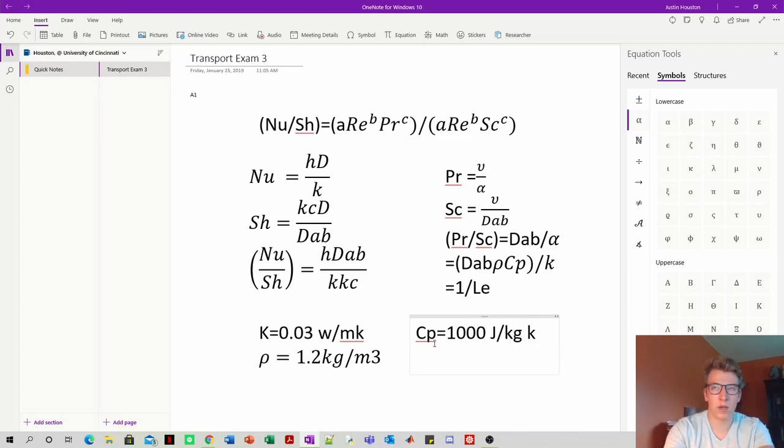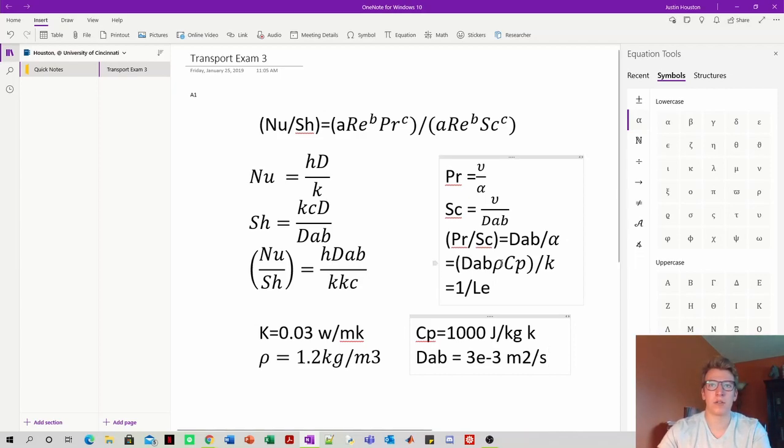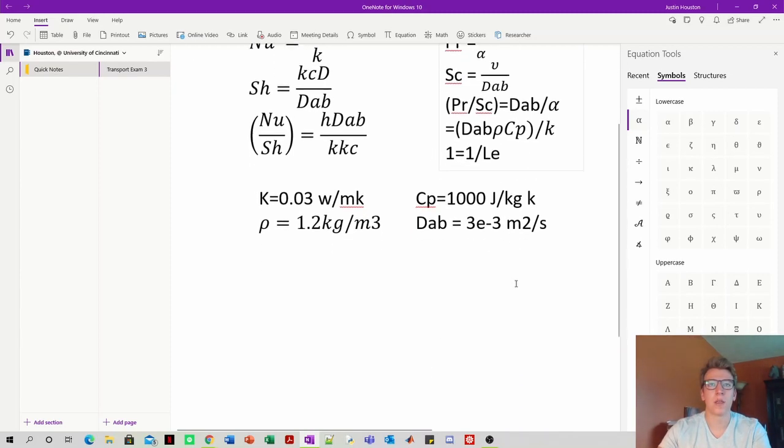And we also know the diffusion coefficient DAB, which is 3e to the negative 3 meters squared per second. And now that we have that, when you plug that into this Prandtl-Schmidt relationship, we know that that is approximately equal to 1, which lets us know that 1 over Lewis is also approximately equal to 1.